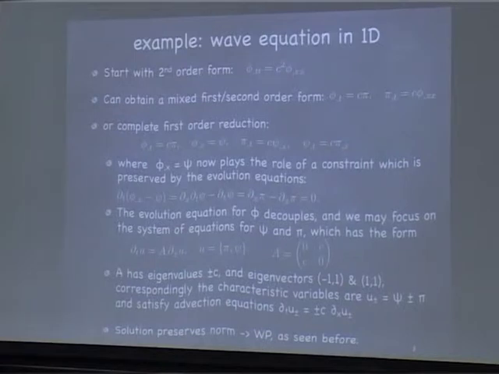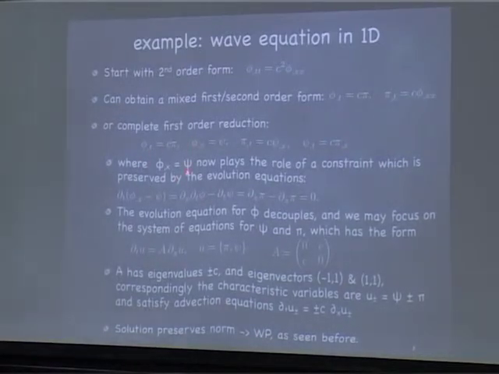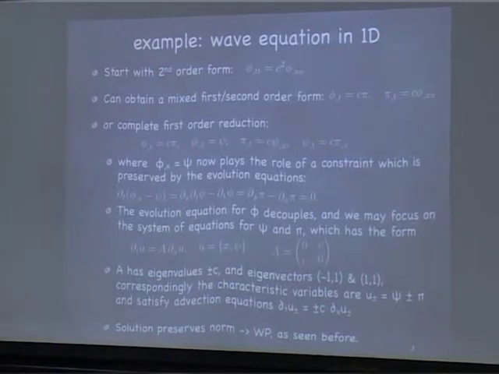Okay? And we are not free to choose the initial data for psi as we want. At the initial time, we have to choose them as the derivative of phi. We cannot choose whatever data we want for psi. Right? We have to choose phi, and from that we compute the derivative, and now we know psi.